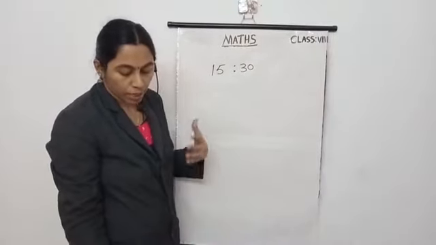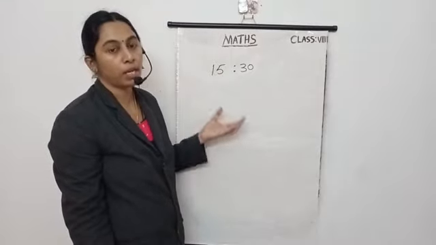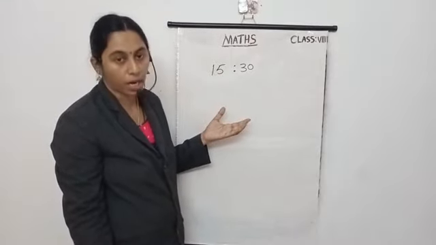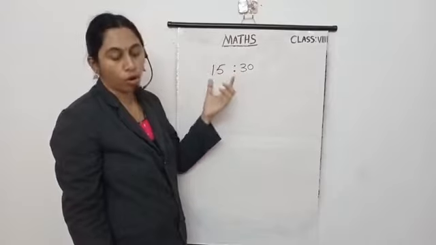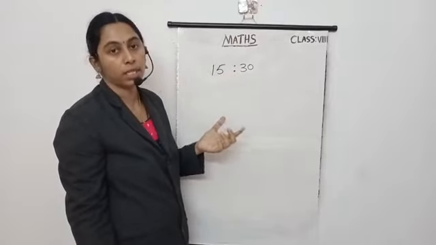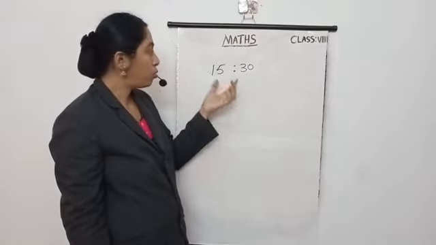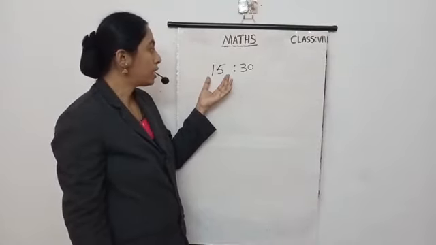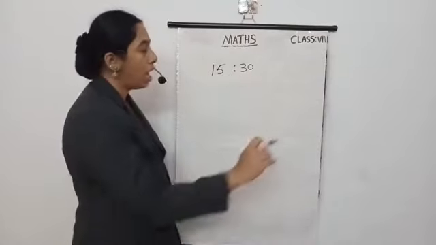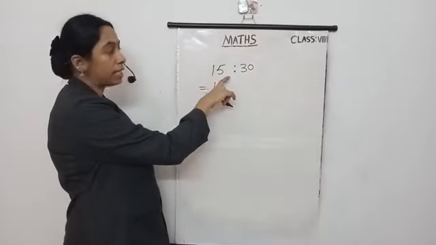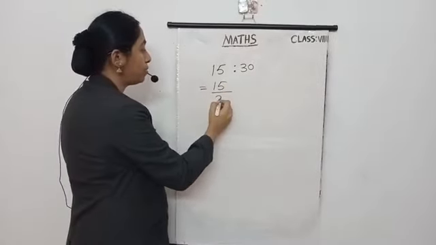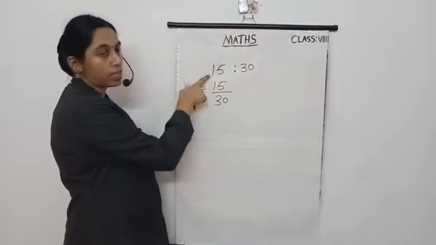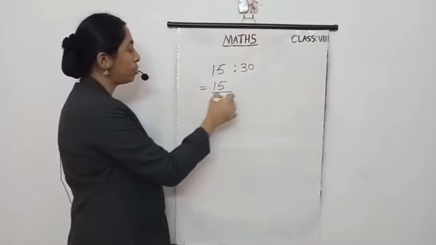Here it is given in words: speed of cycle 15 km per hour to the speed of scooter 30 km per hour. Now both are in the same units, kilometer per hour. So this is 15 is to 30. This is a fraction, we can write it like a fraction, 15 by 30. The first number is the numerator and the second number is the denominator.